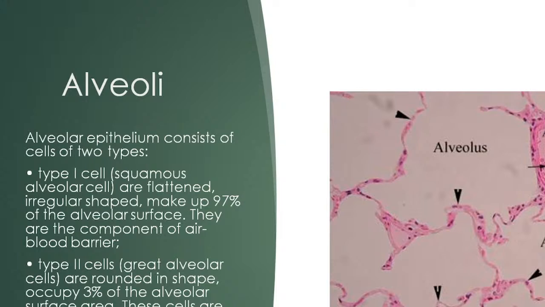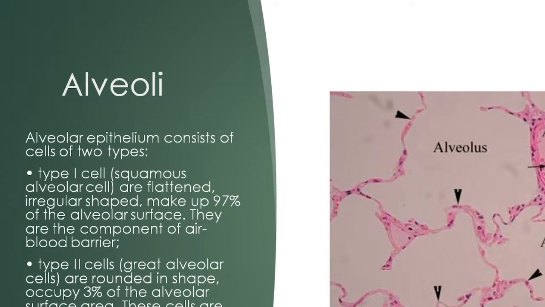This epithelium consists of two types of cells, type 1 cells and type 2 cells. Type 1 cells, squamous alveolar cells, are the most numerous, about 97% of the alveolar surface. They are a component of the air-blood barrier.